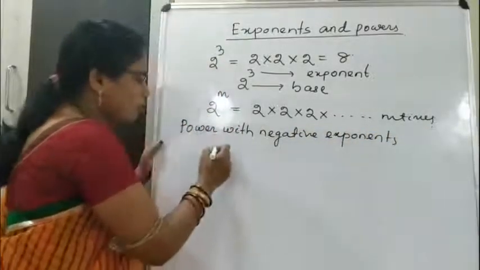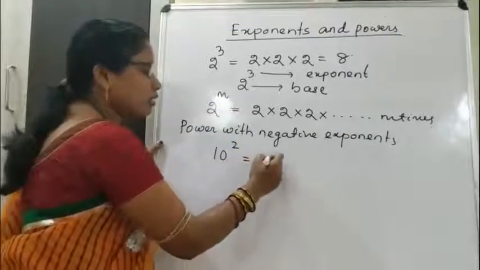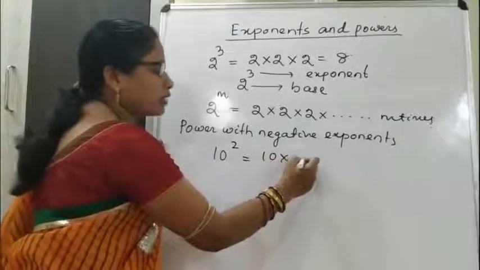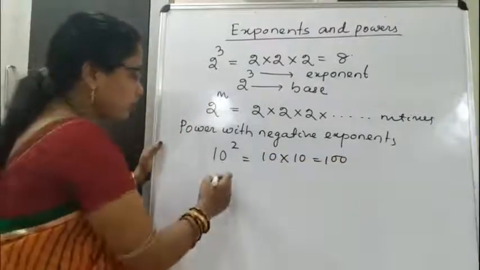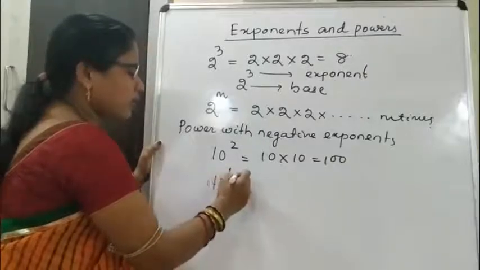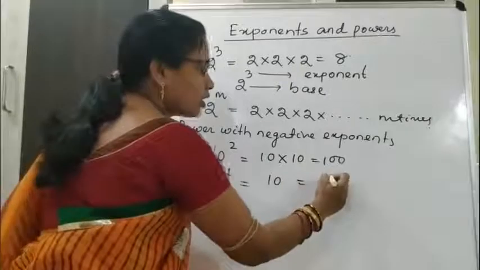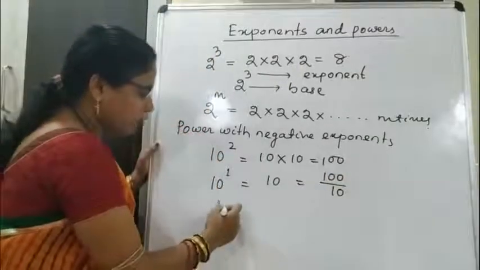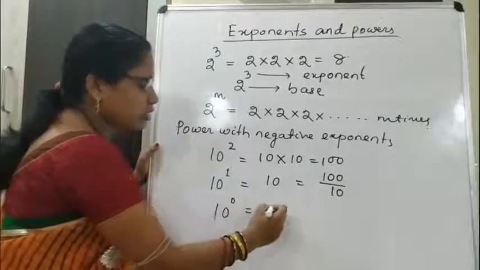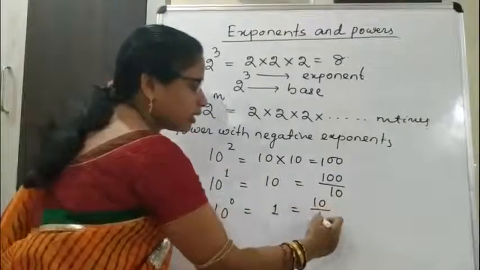You know 10 to the power 2 is equal to 10 multiplied with 10, which is 100. Then 10 to the power 1 is equal to 10, that is 100 by 10. Then 10 to the power 0 is equal to 1, that is 10 by 10.